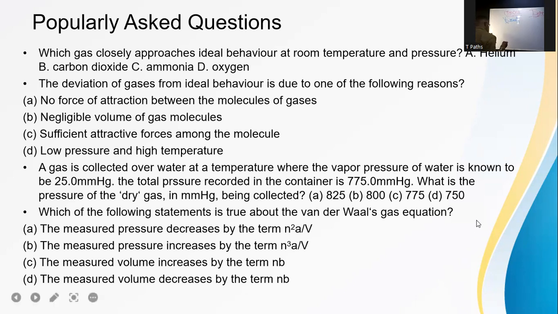It says the total pressure recorded in the container is 775 millimeters of mercury. What is the pressure of the dry gas? When you get the pressure of the dry gas, the law used is Dalton's law of partial pressure.